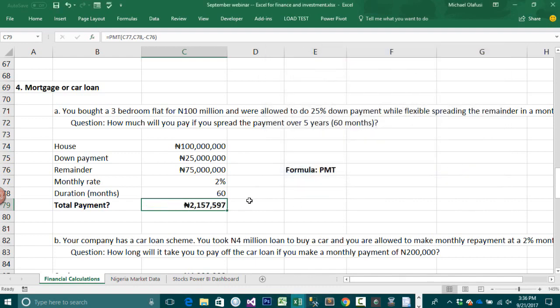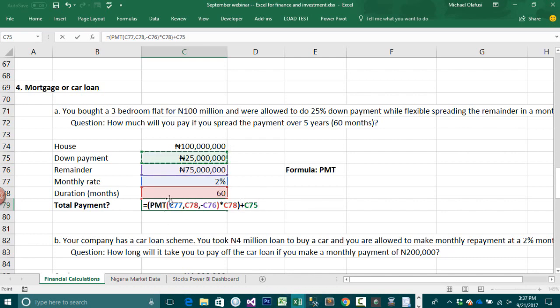So that says I'm going to pay back about 2.145 million naira every month. But that is not my total payment. I'm going to be paying this every month for the next 60 months, and then I have to also add the down payment I have made, which is 25 million naira.